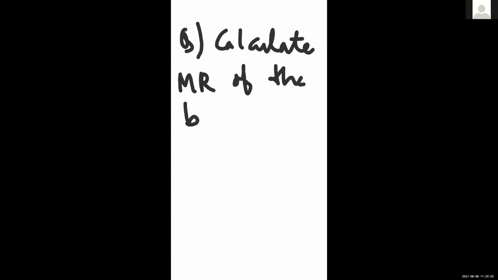Question is calculate MR of the beam section if the beam is inverted and reinforcement is provided at the apex, right?